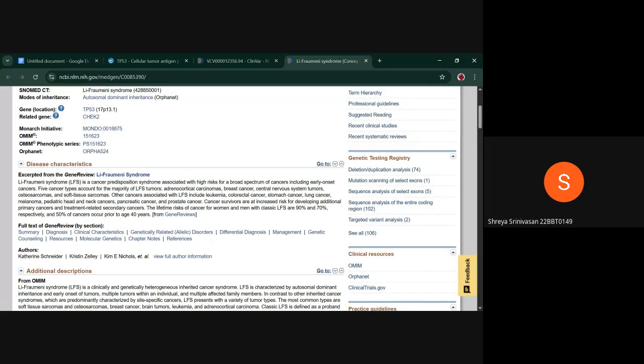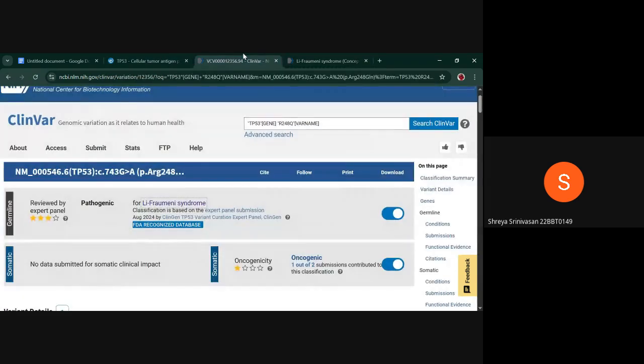It has a high risk associated with a broad spectrum of cancers, which includes five different kinds of cancer that have been majorly identified, including adrenocortical, breast cancer, central nervous system, etc. So it has been confirmed that this particular mutation will lead to cancer, and it is causing the Li-Fraumeni syndrome. It has been recognized and identified by the ClinVar database.